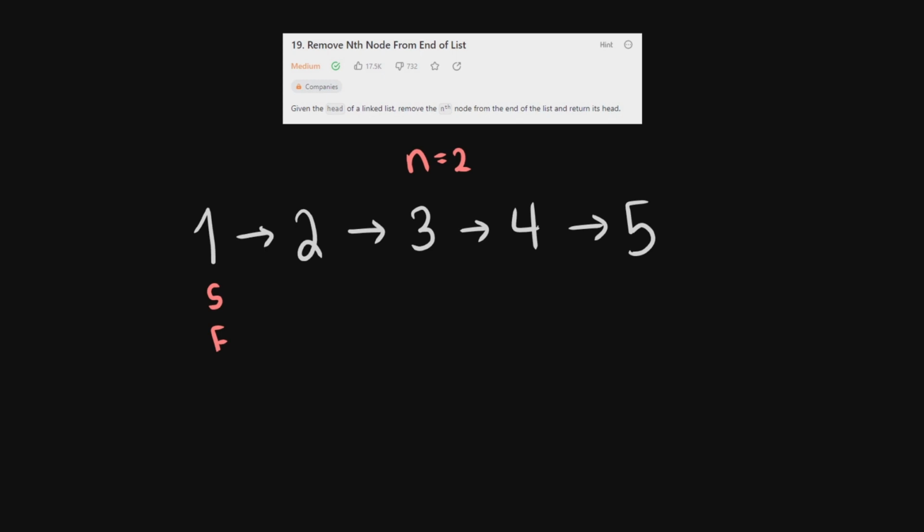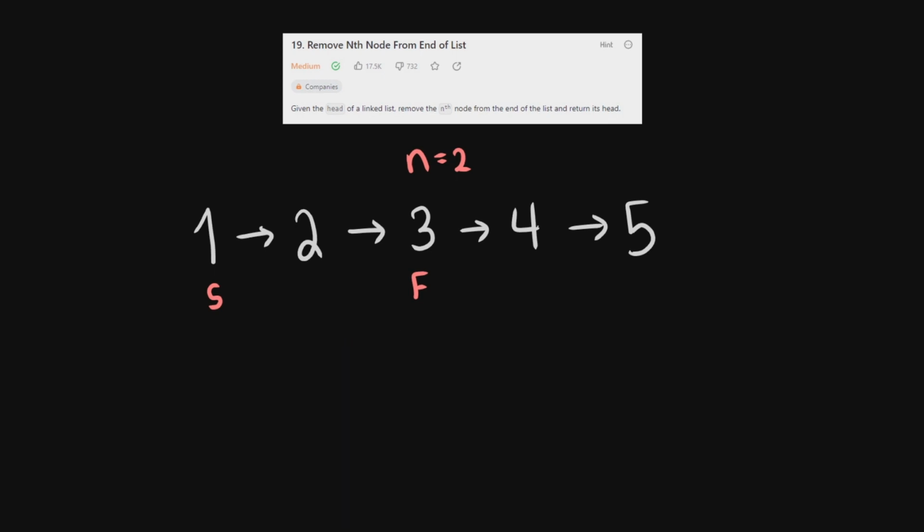And what we can do is with this fast pointer, we can move n times. So in this case, we're going to move the fast pointer once, and then we're going to move it twice. So the fast pointer now is going to be 2 elements from the start of the linked list.